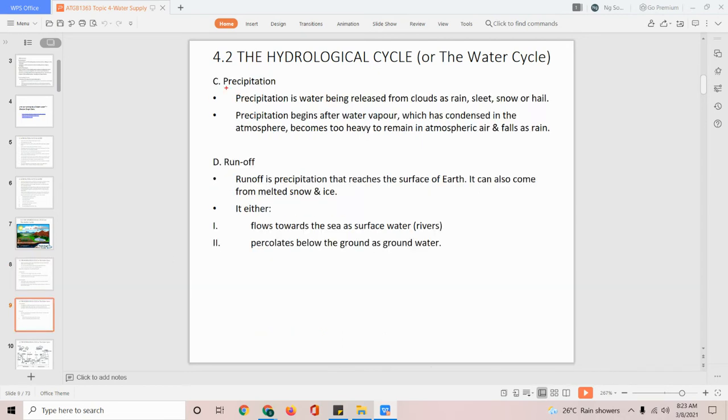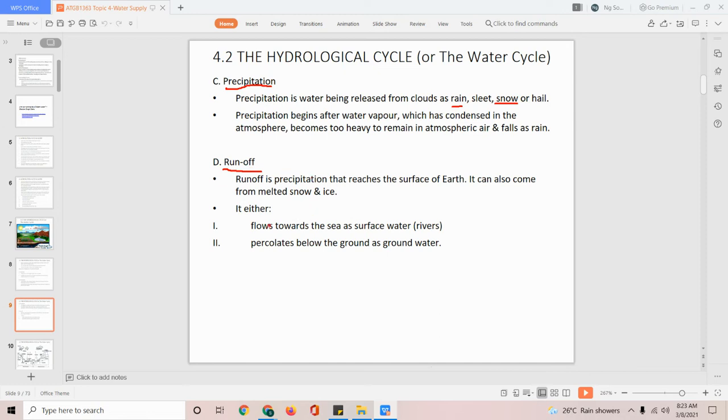And then next we have precipitation. Basically, this is rain. It can be in the form of water droplets, or it can even be snow, so it can be a solid. And then finally, you have your runoff.